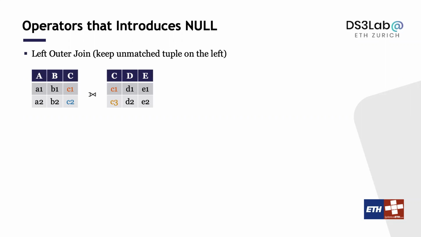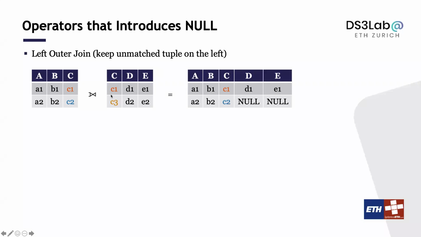When you have a left outer join between two relations on a certain column, for example, here I have one relation ABC and another relation CDE, they share C, right? Whenever I'm doing my left outer join, I'm going to keep all the tuples from the left-hand side. In this case, I have two tuples on my left-hand side. I'm going to keep them right here.